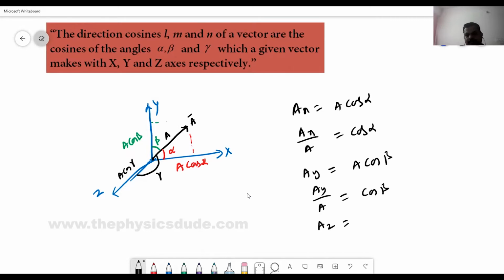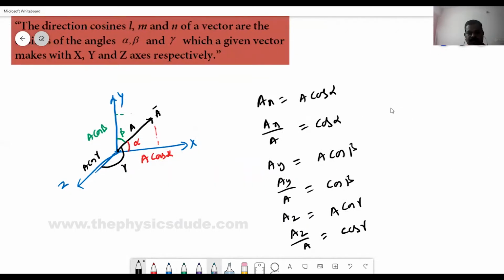Similarly, az is equal to a cos gamma along the z axis, so az upon a is equal to cos gamma. Remember, I said the direction cosines l, m and n are the cosines of angles alpha, beta, gamma. So we take this cos alpha as l, this as m, and this as n. So these l, m, n are nothing but direction cosines.